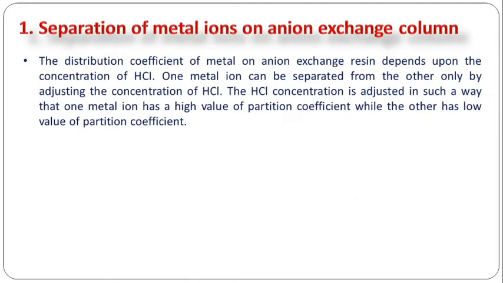The distribution coefficient of the metal on the anion exchange resin depends upon the concentration of HCl. So one metal ion can be separated from another by adjusting the concentration of HCl. The HCl concentration is adjusted in such a way that one metal ion has a higher value of partition coefficient while the other has a low value.